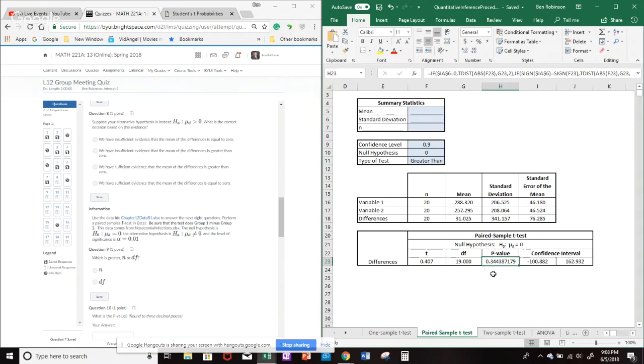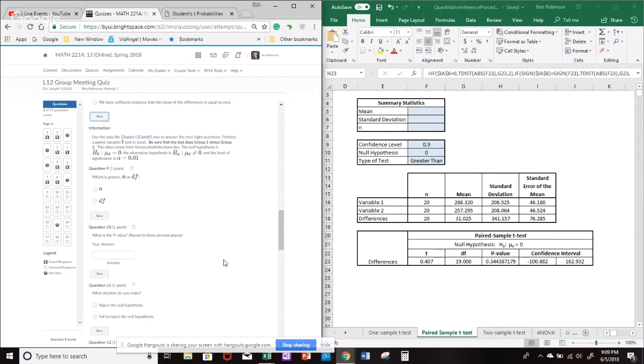So now we have insufficient evidence that the mean of the differences is greater than 0, right? Yeah. Yep. Okay. All right.